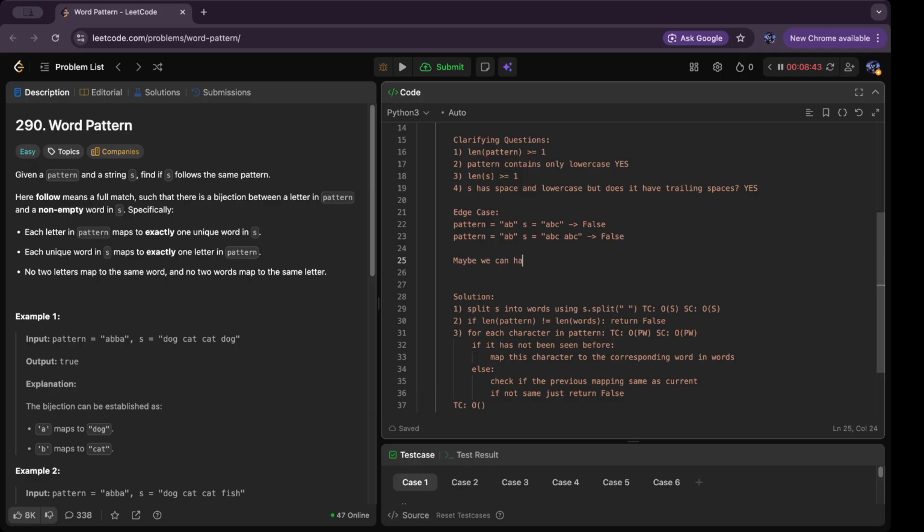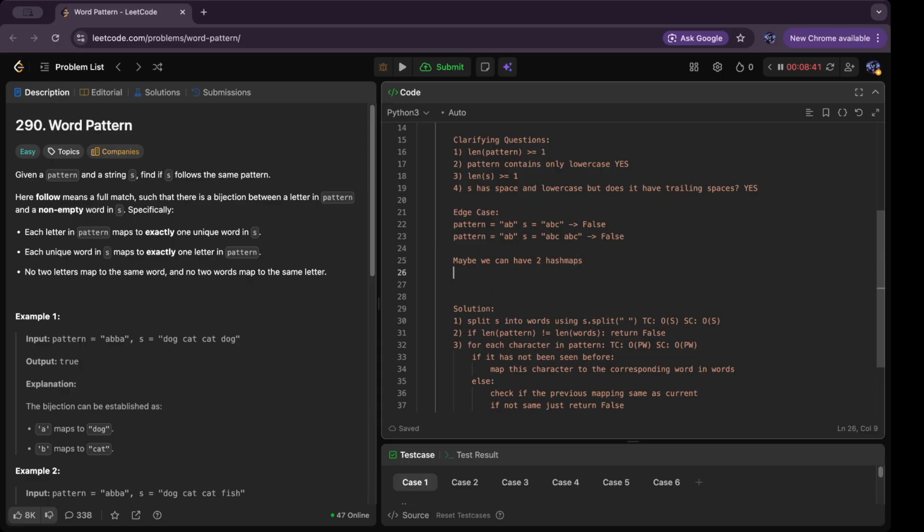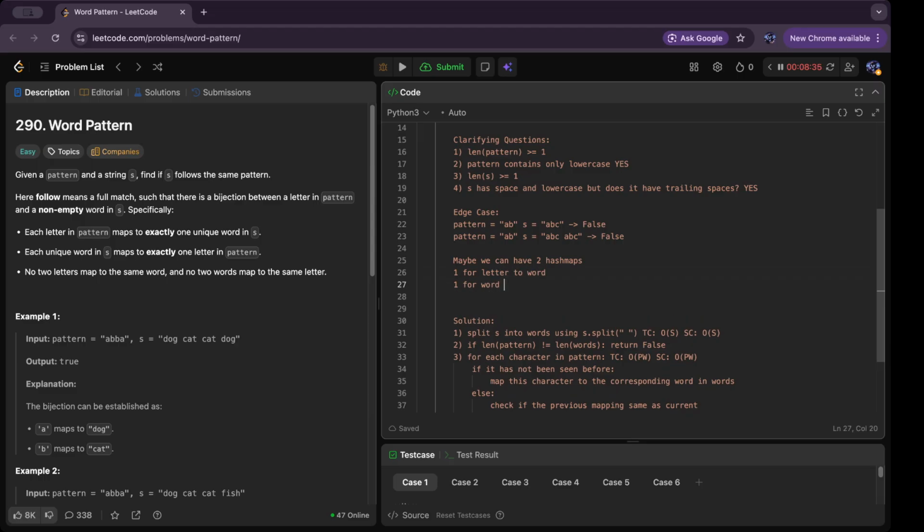So in this case, maybe we can have two hash maps, one for letter to word, one for word to letter. So in this case, A is mapped to the word, B to the word, and then the word already inside, so cannot.